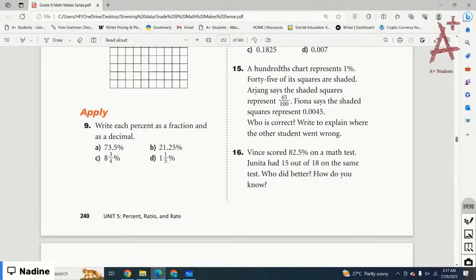Okay. Venus scored 82.5% on a math test. Junita had 15 out of 18 on the same test. Who did better? Venus had 82.5%, and for 15 over 18, let's just calculate the percentage. So just do 15 over 18 times 100.